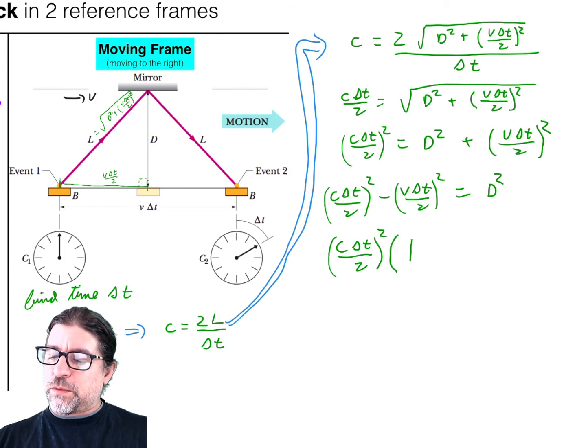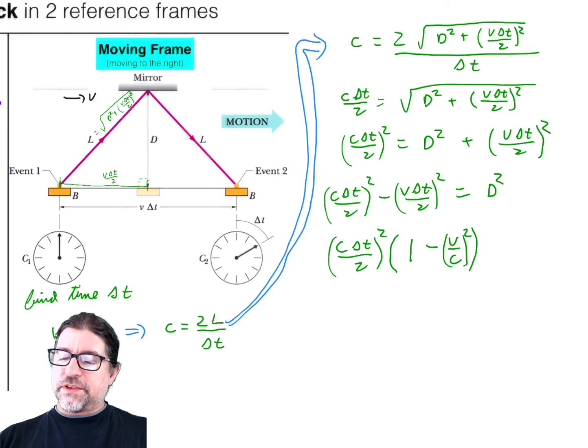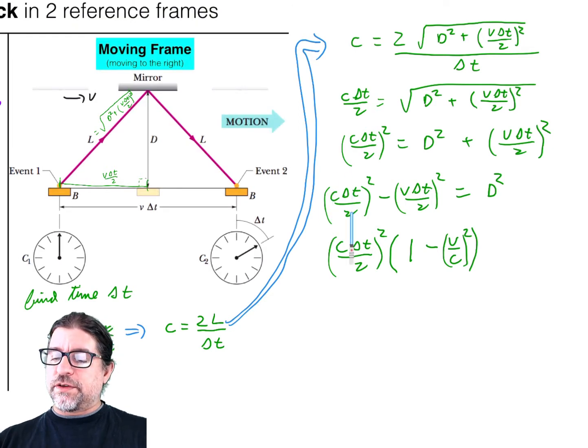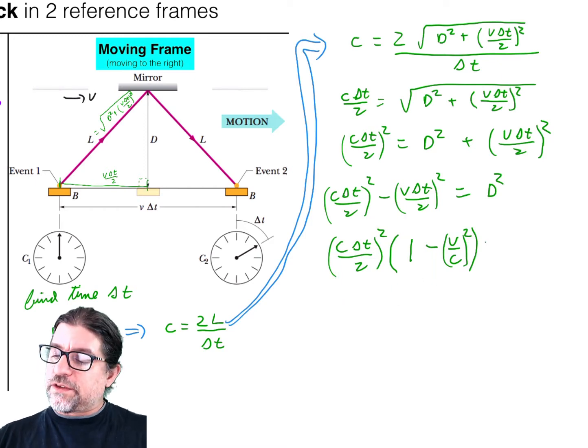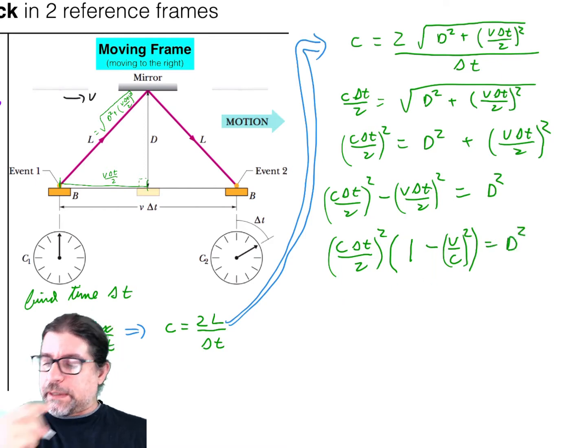So I end up with (c delta t over 2) squared times 1 minus (v over c) squared. All I did was take c delta t over 2 and factor it out from both these terms. If you multiply it through, you'll see we get the same result here. So that's equal to d squared.